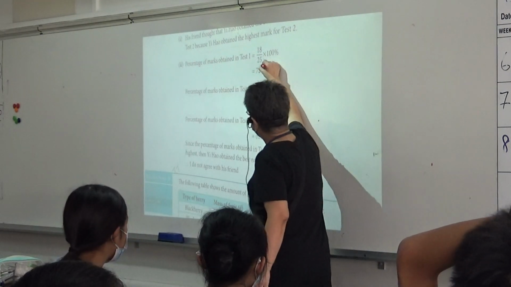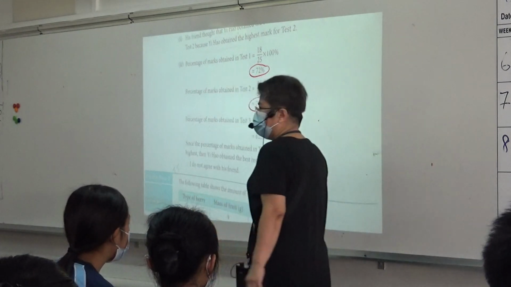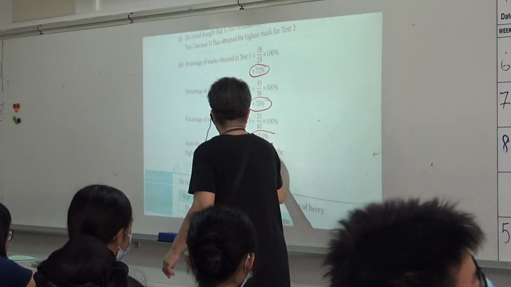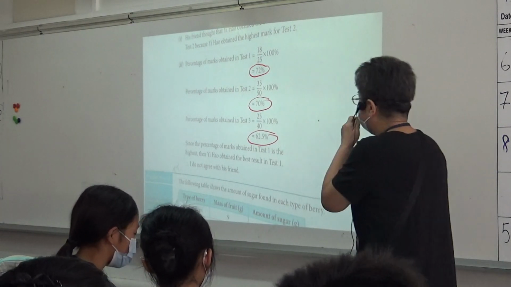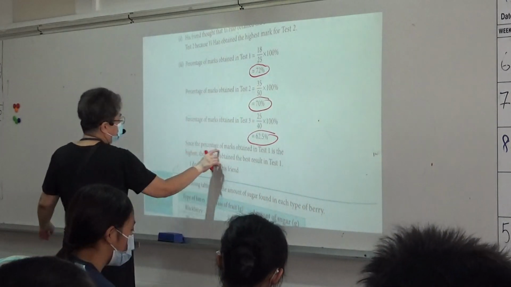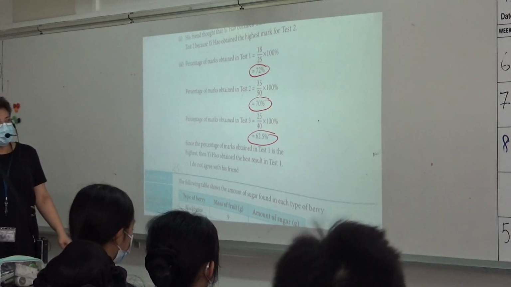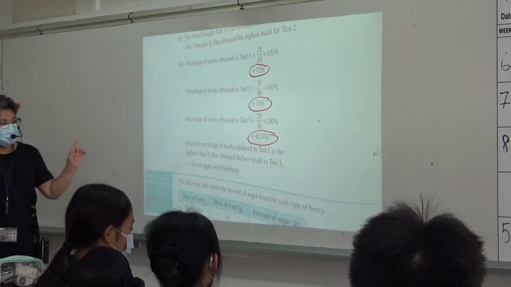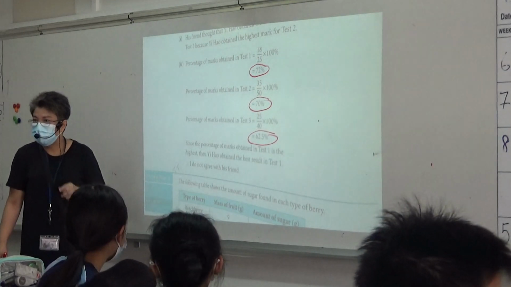Times 100%, he will get 72%. Second one, 70%. Last one, 62.5%. So actually, which is the test that he did the best? Test 1. Since the percentage of marks obtained in test 1 is the highest, Yi Hao obtained the best result in test 1. I do not agree with his friend. Everybody clear? Okay, now.